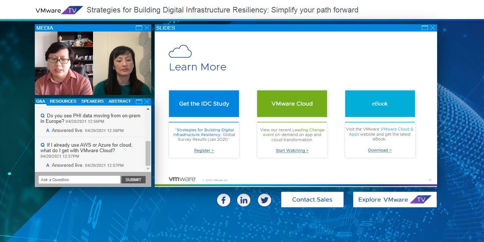So we have seen the trend of industry clouds popping up. So there's government clouds and financial clouds. So it may have to stay within a certain physical location. Those clouds are built to comply with certain security requirements and isolation requirements and things like that.